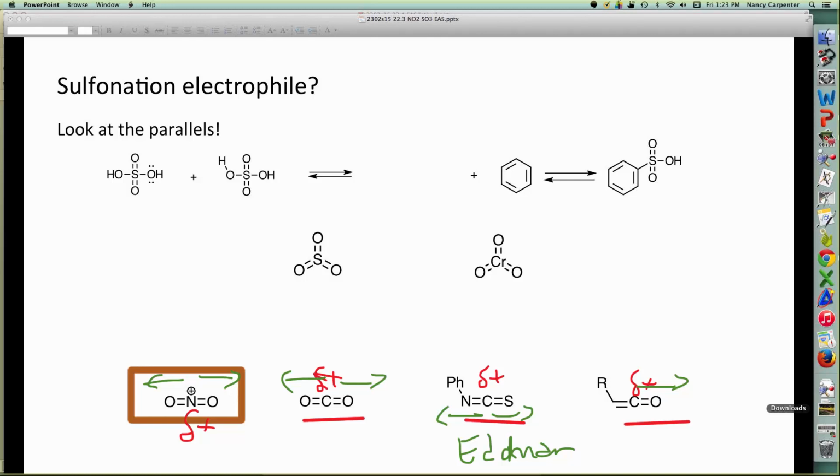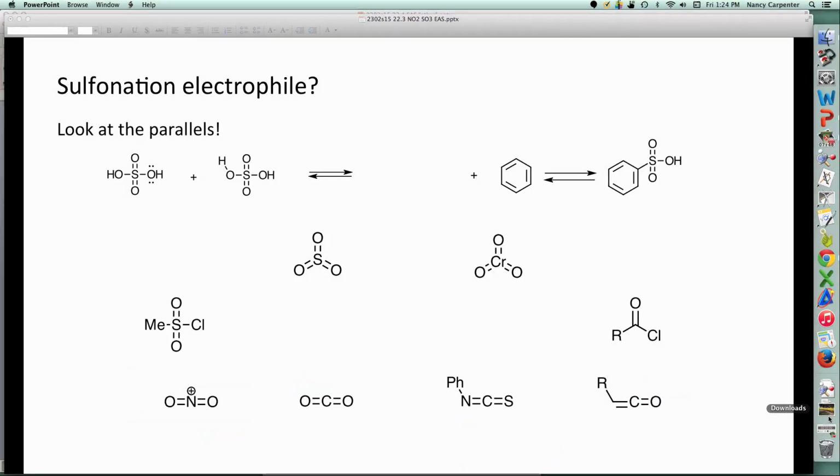So, throw in a couple more. What do these all have in common? They all have that center atom being a powerful electrophile because of the oxygen double bond, or in this case, sulfur and nitrogen.